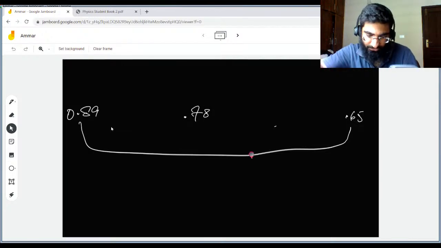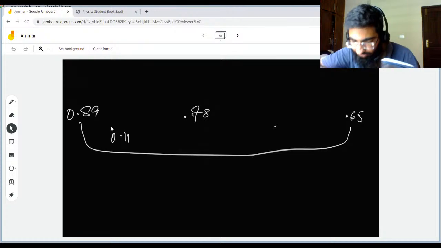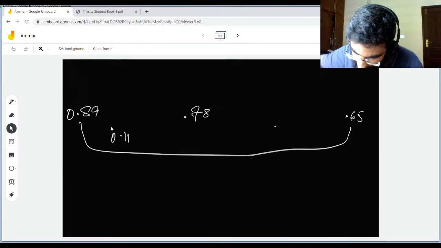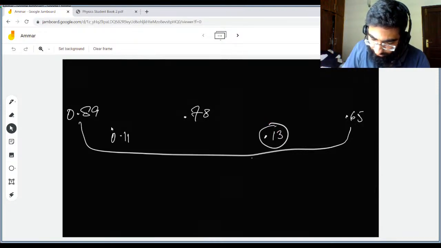No, I'll have to do it from one end. 0.89 minus 0.78 is how much? 0.11. And on this side, 0.78 minus 0.65 is how much? 0.13. This is just the deviation from the mean.